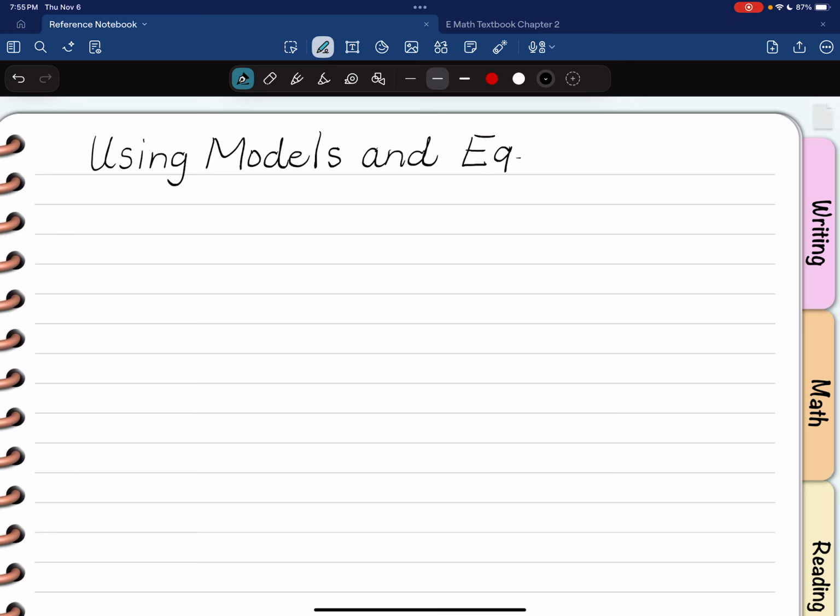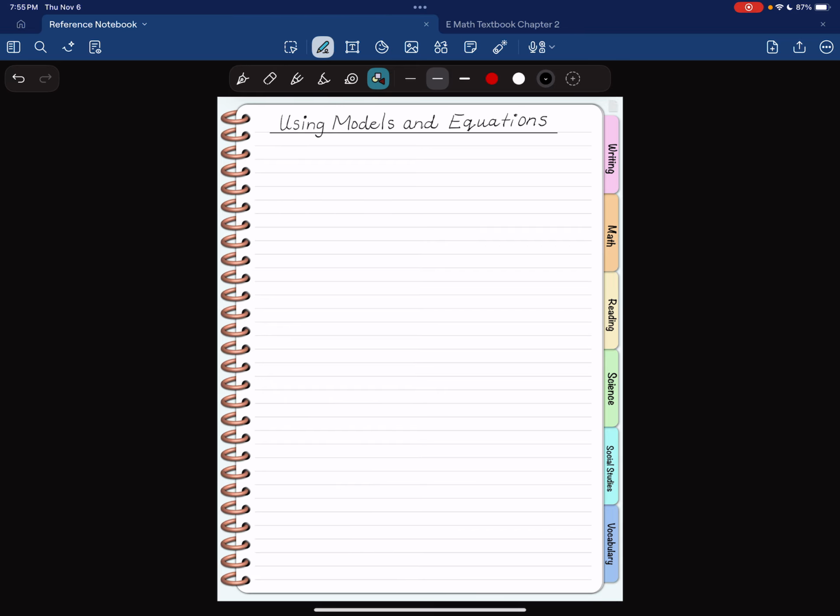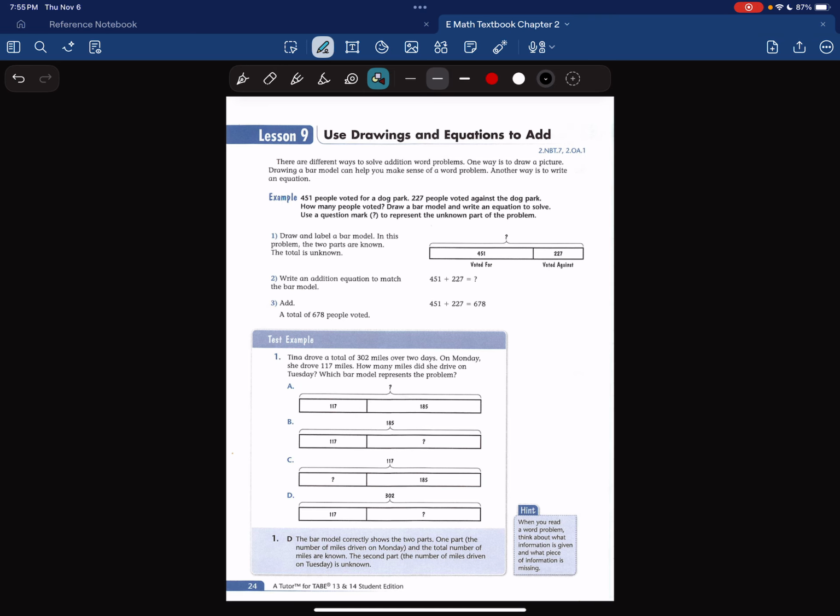I touched on this a little bit in that last lesson when we were doing the problem about the family driving. I told you that when I have one of those, I always draw it. That's the concept here. We're going to use some drawings to help us understand some problems. So let's set that page up and then we'll come back to it in a second.